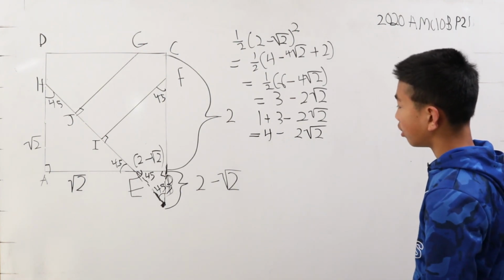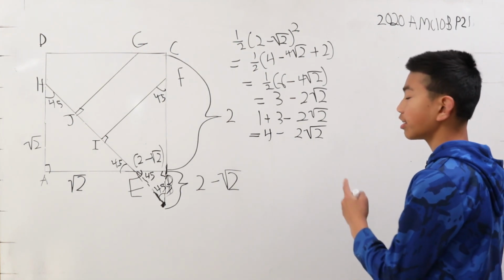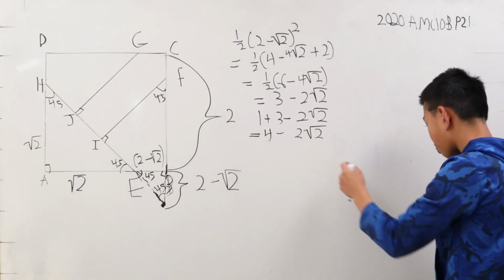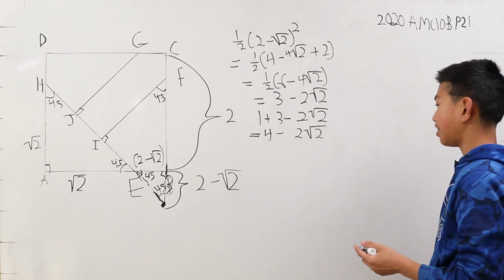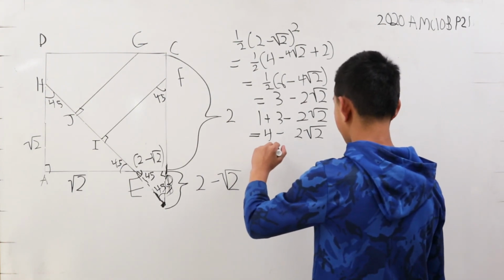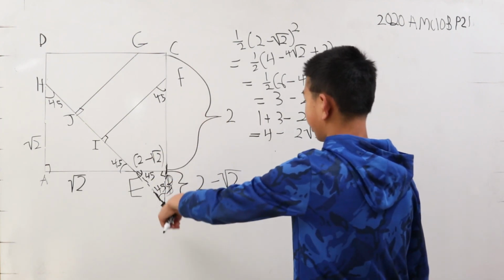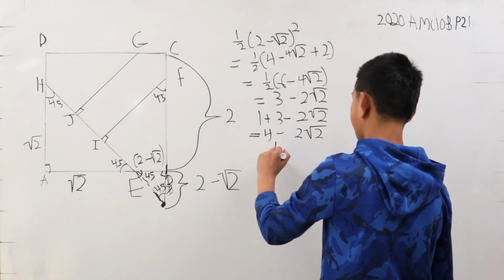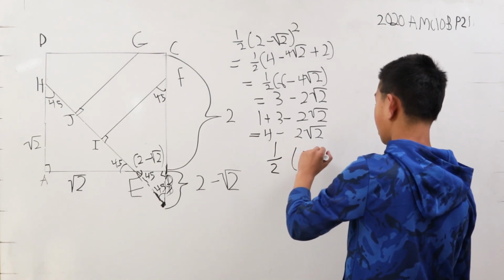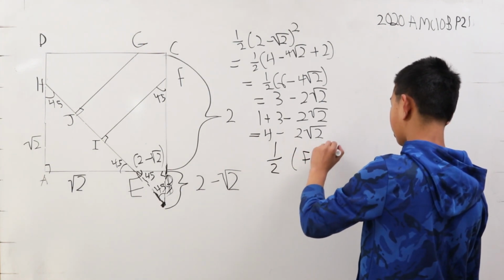Okay, now we can write. Now you might be thinking, why do we need this? Let me just write this in an easier way to understand this problem. Since it's the area of this big triangle, this is going to be 1/2 of FI squared.